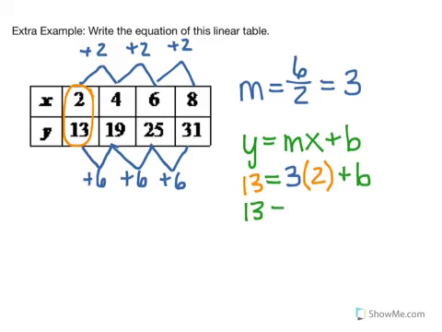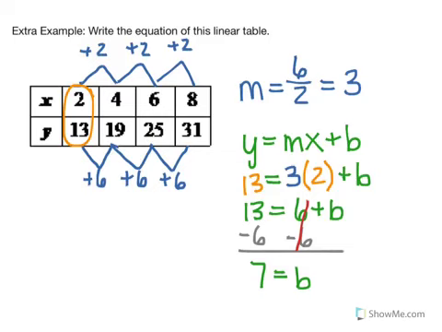This means we get 13 is equal to 6 plus b. 6 comes from 3 times 2. One-step equation. So I need to subtract 6 on both sides. I want to get b by itself. The 6 on the right-hand side cancels. And 13 minus 6 is 7. So I know 7 is equal to b.